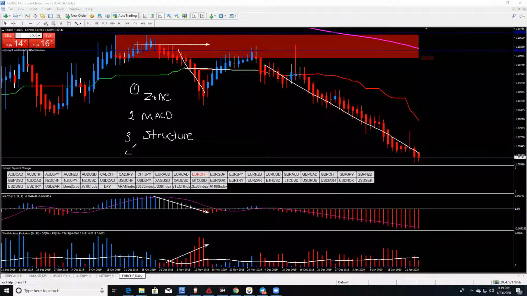Number 4, where's the volume? And number 5, do I have a flat top candle for a sell or a flat bottom candle for a buy?